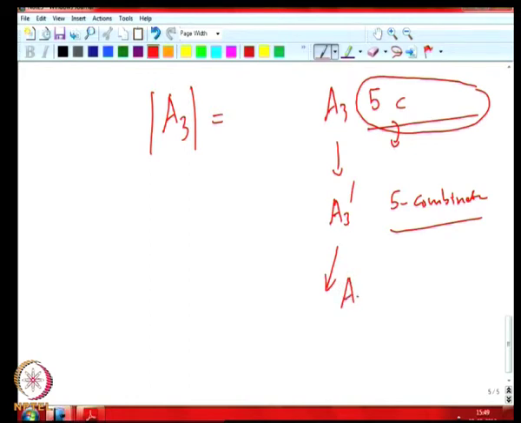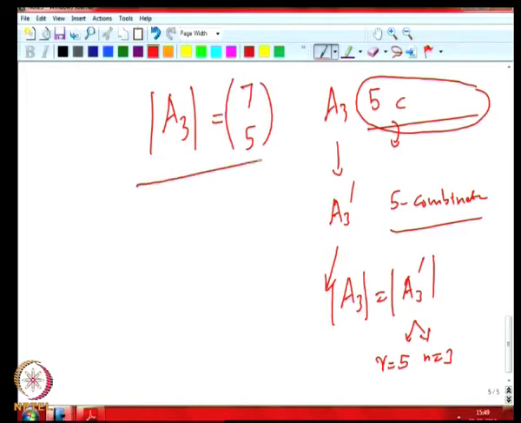Therefore, A3 cardinality can be found by finding A3 dash cardinality. Here we can apply the formula with R equal to 5 and n equal to 3, and we again get 5 plus 3 minus 1, that is 7 choose 5. So, we can easily find the cardinalities of A1, A2 and A3.